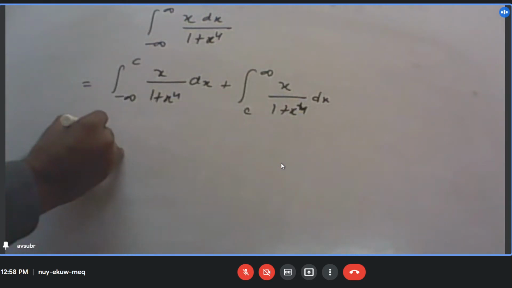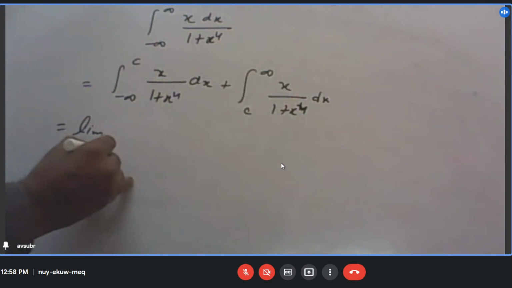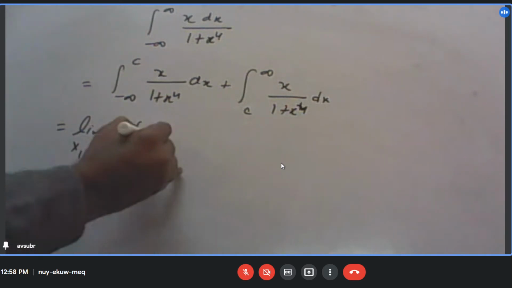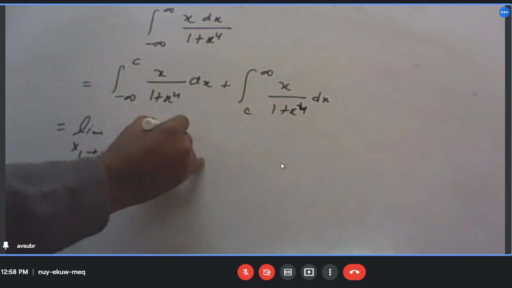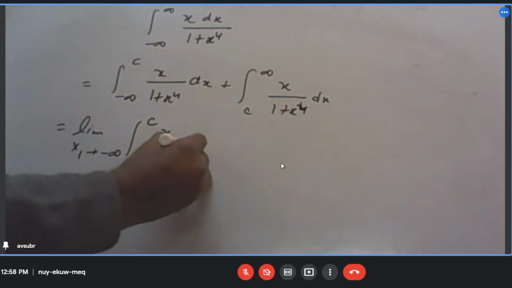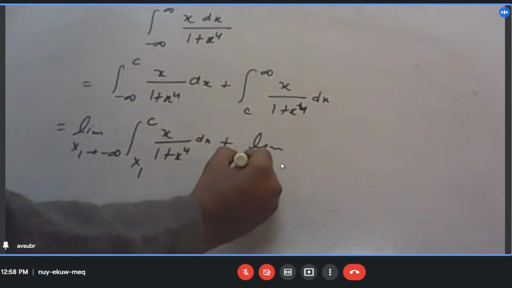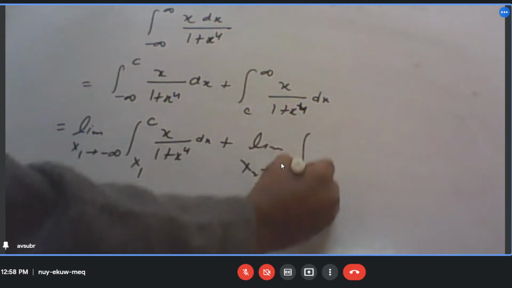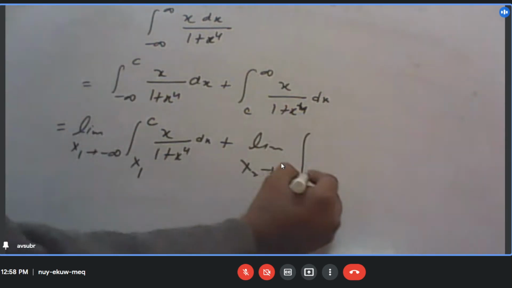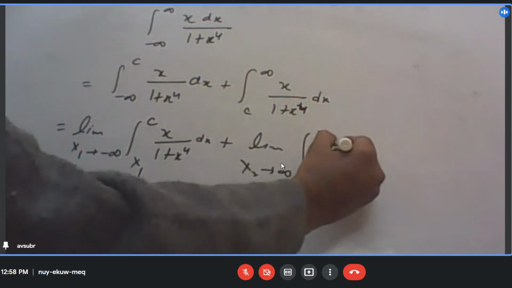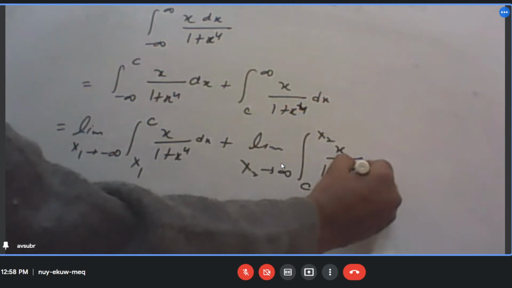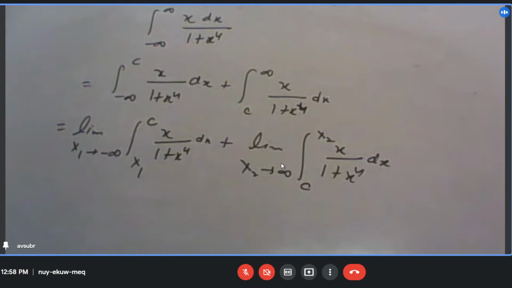Or I can write limit x1 tending to minus infinity of the integral from x1 to C of x by 1 plus x to the power 4 dx plus limit x2 going to infinity of the integral from C to x2 of x by 1 plus x to the power 4 dx.